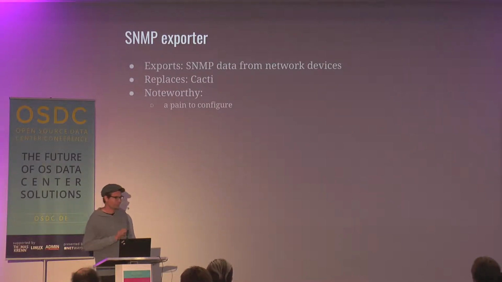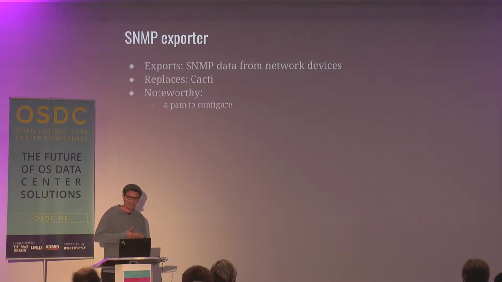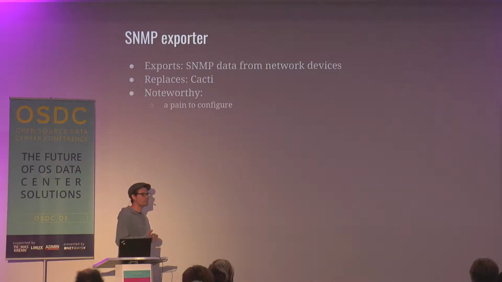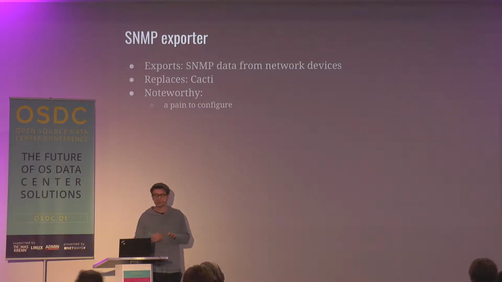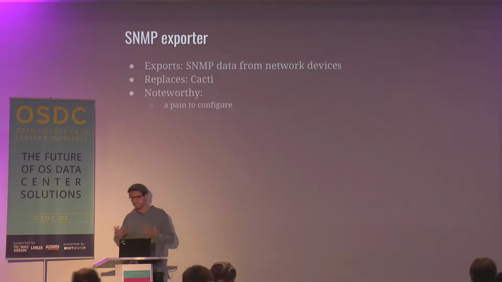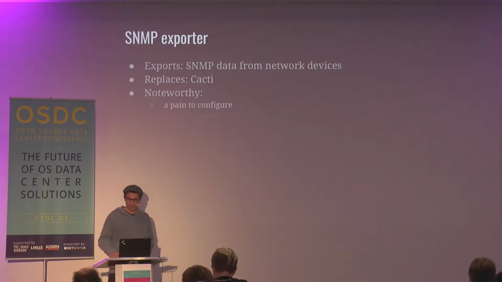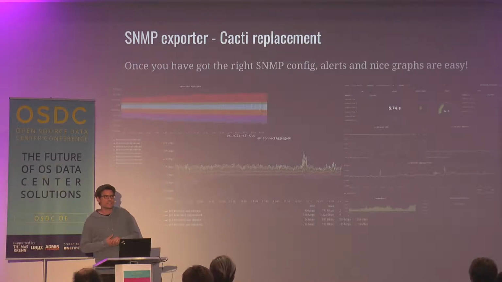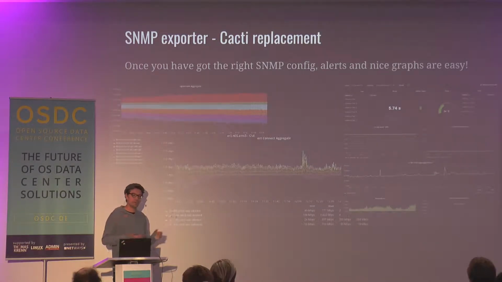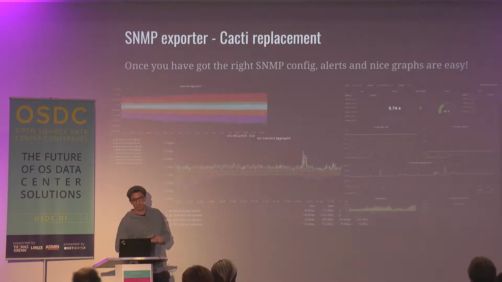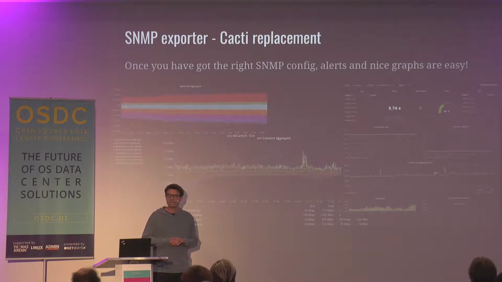We're still trying to figure out some of the more vendor-specific parts in our SNMP tree, but nevertheless, the exporter actually comes with some tools to help you set up the Prometheus configuration, so it does its best to mitigate that. Once you get through the process, you actually get awesome data and awesome graphs almost right away.